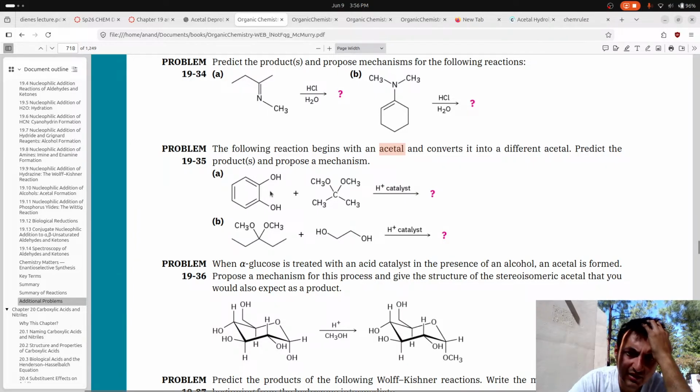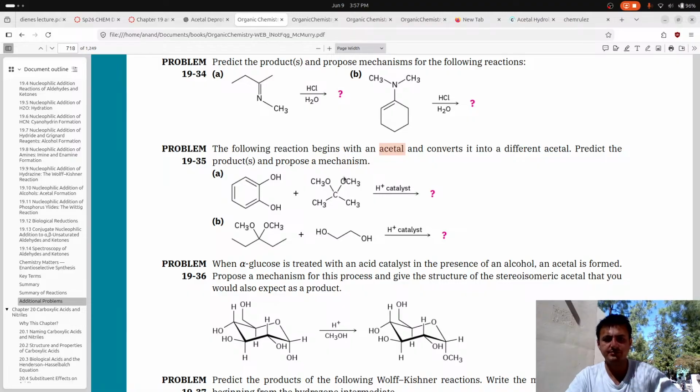Okay, my guess is that this whole thing happens where it gets protonated, this lone pair kicks it off, then what happens? In the reverse case? Yeah, you go through a hemiacetal.